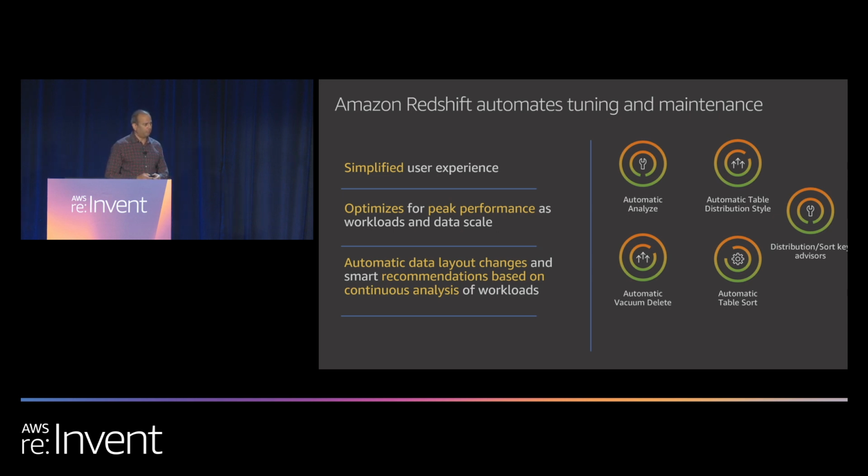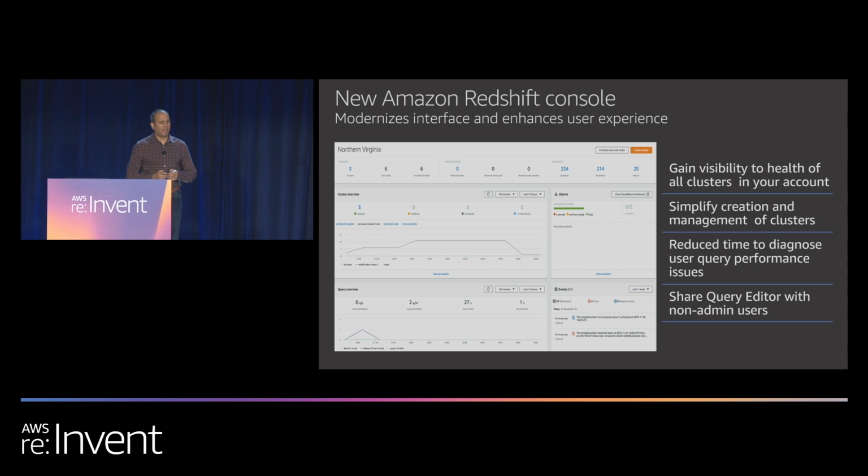That advisor will also give you recommendations for distribution key or sort key if you don't have any. So this makes maintaining a Redshift cluster for peak performance much easier. And our goal is to make it fully managed and automatic, and we have made significant progress on that over the past year.